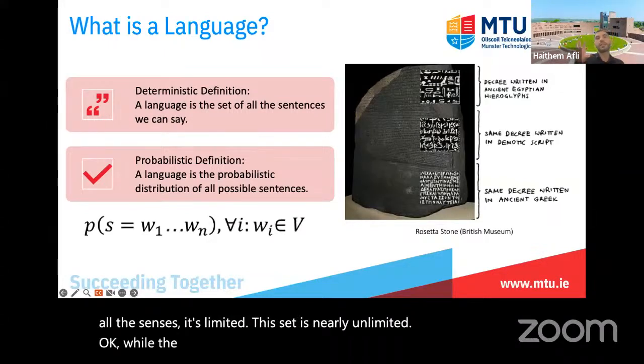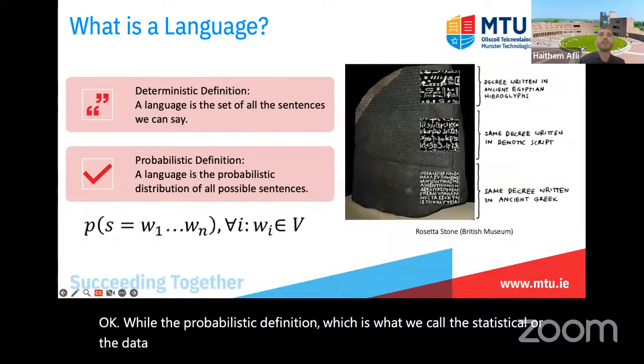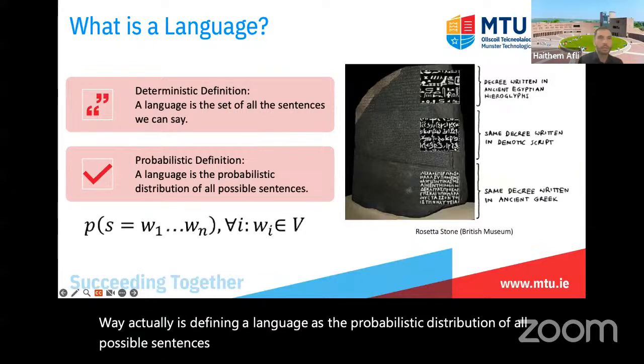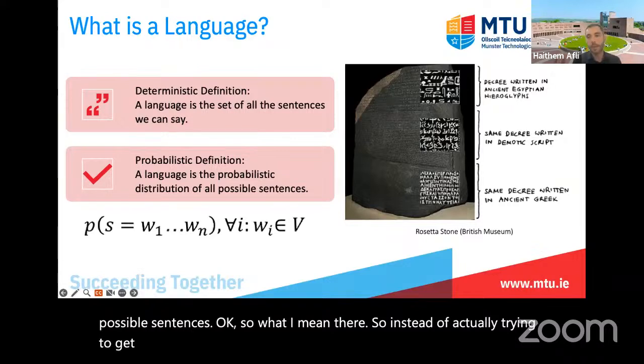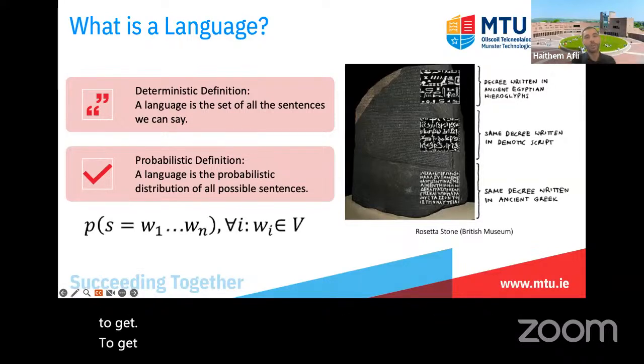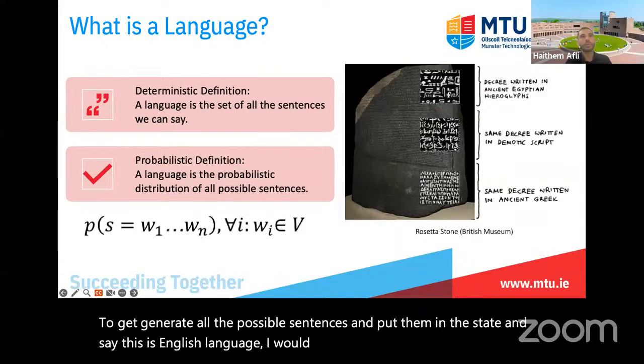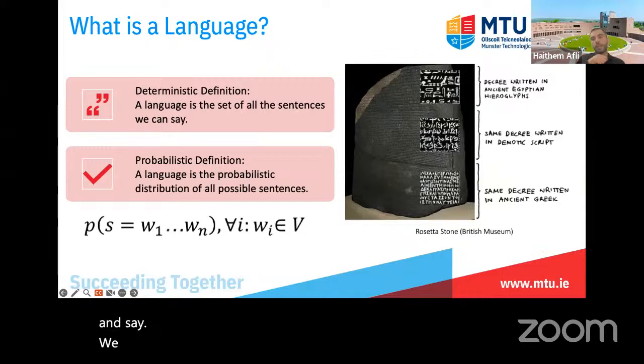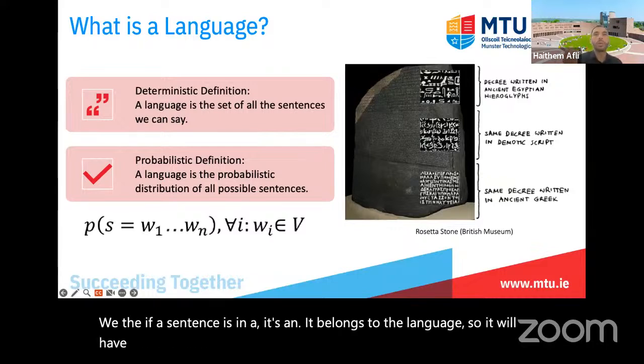While the probabilistic definition, which is what we call the statistical or data-driven way, defines a language as the probability distribution of all possible sentences. What I mean is, instead of generating all the possible sentences, putting them in a set and saying this is the English language, I would go to the words and say that if a sentence belongs to the language, it will have a high probability.